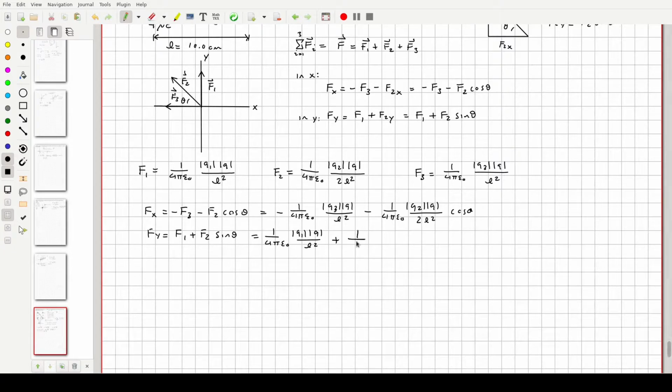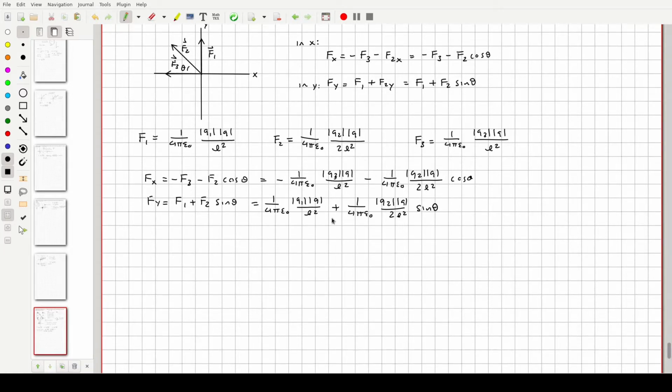F2 is 1 over 4 pi epsilon naught Q2 Q over 2L squared. And then you have the sine theta. So these are our components right here. And as you can see, they actually simplify a little bit, as in you can pull a bunch of stuff out. For example, both of these terms have a minus sign in front. There is a 1 over 4 pi epsilon naught in front of both of them. There's also a Q over L squared there.